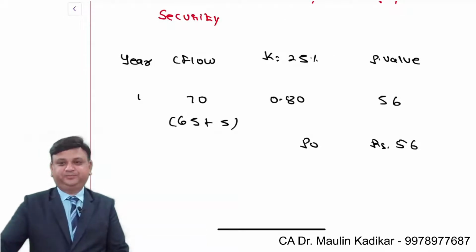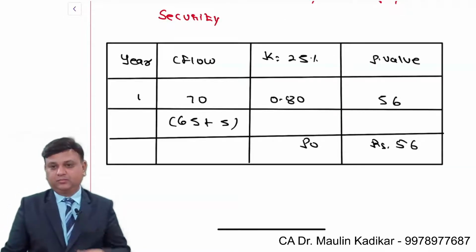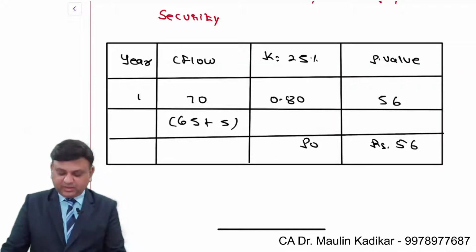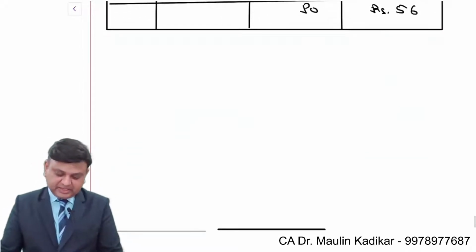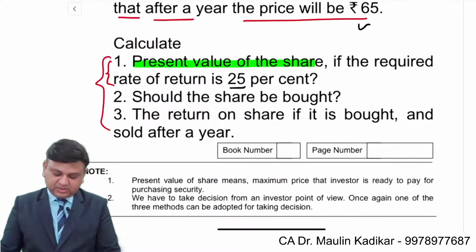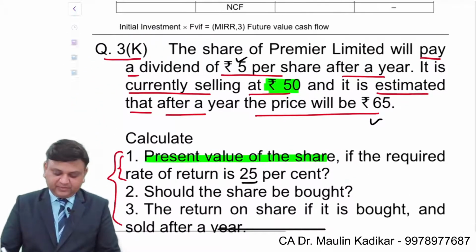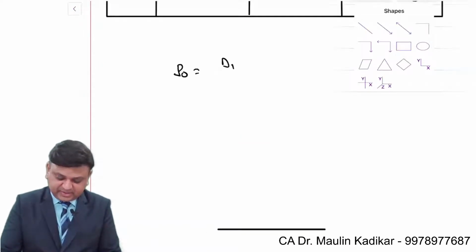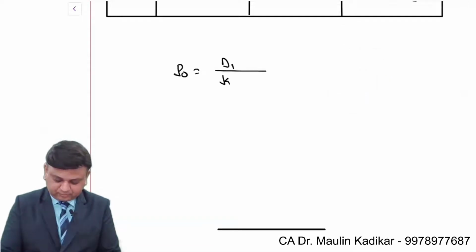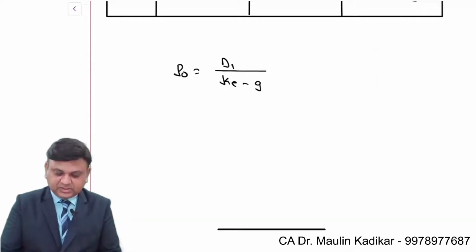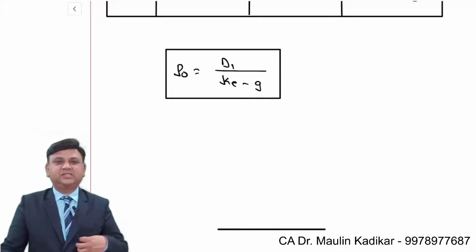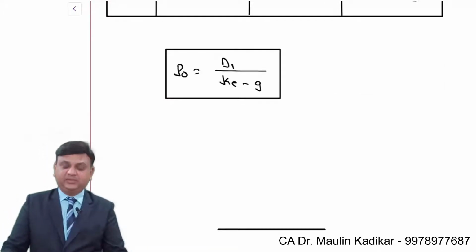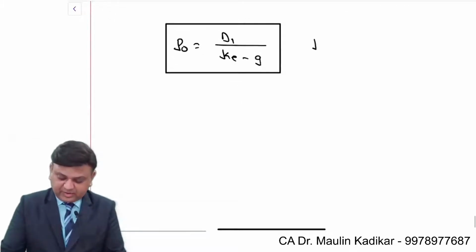Write down the answer. There is a query from a student: sir, in this question, can we apply a formula like this? P0 is equal to D1 divided by KE minus g. Because this is the kind of formula that we have already studied at our IPCC or intermediate level in cost of equity calculation.